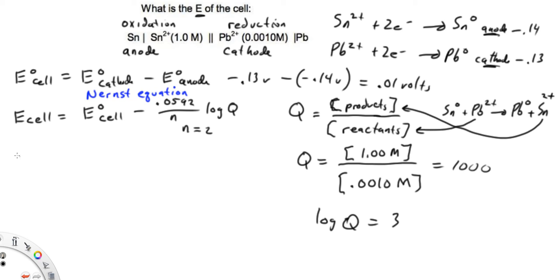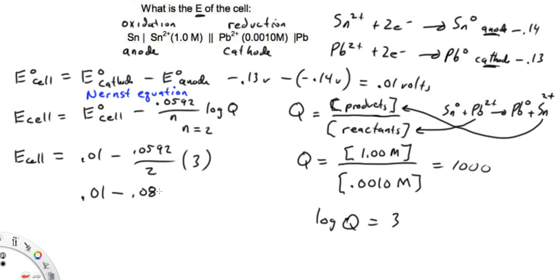And we get E cell equals, E naught of the cell was 0.01 minus 0.0592 over 2, and log of Q is 3. So we've already factored that in. So that turns out to be 0.01 minus 0.089.